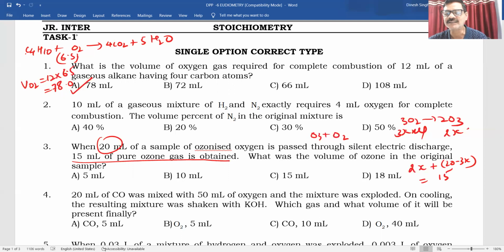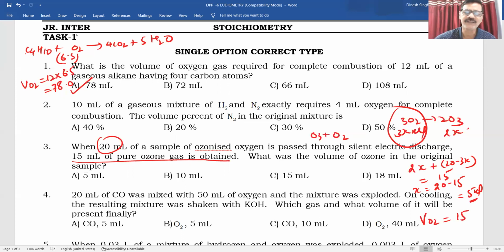So x equals 20 minus 15, that is 5 ml. We considered the volume of O2 as 3x ml, so 5 into 3 is 15. So the answer is C. Like that, there are very tricky questions.